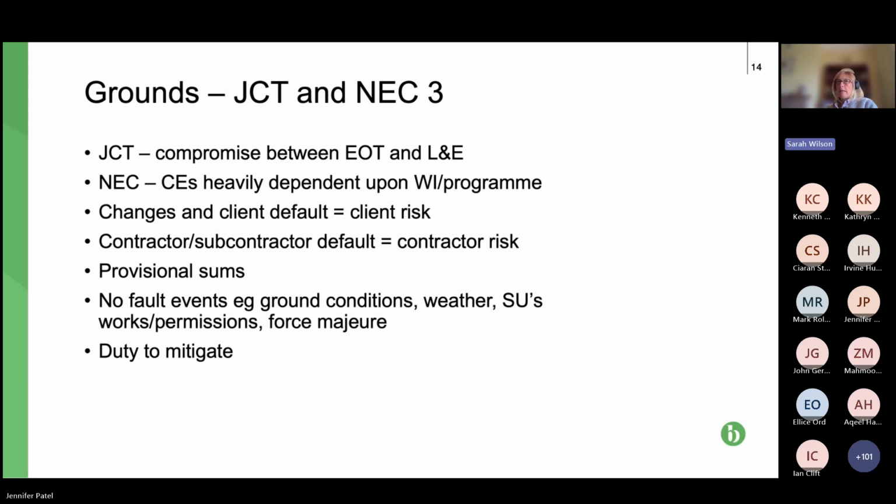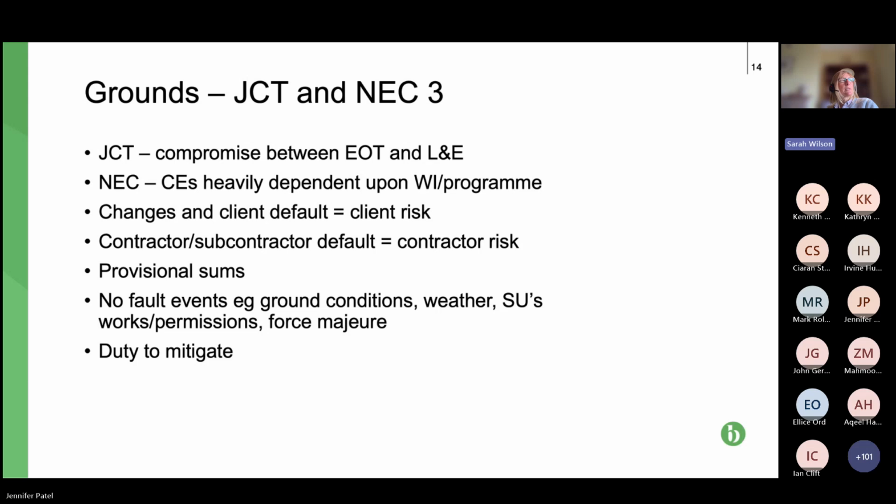You might get an EOT, but you don't always get loss and expense. With NEC, you always get all three. You get your money, your time, and the time-related money if you have suffered loss or lost time.